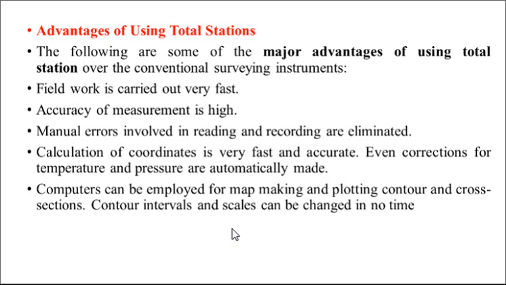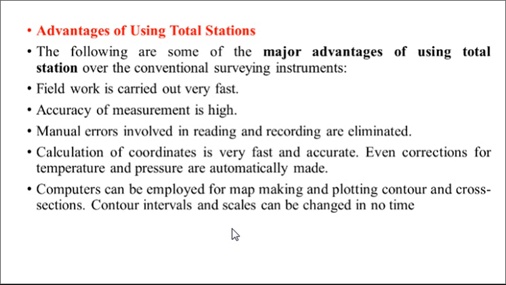Calculation of coordinates is very fast and accurate because it is calculated by the computer which is inbuilt in the total station. Even corrections for temperature and pressure are automatically applied to the observed readings.